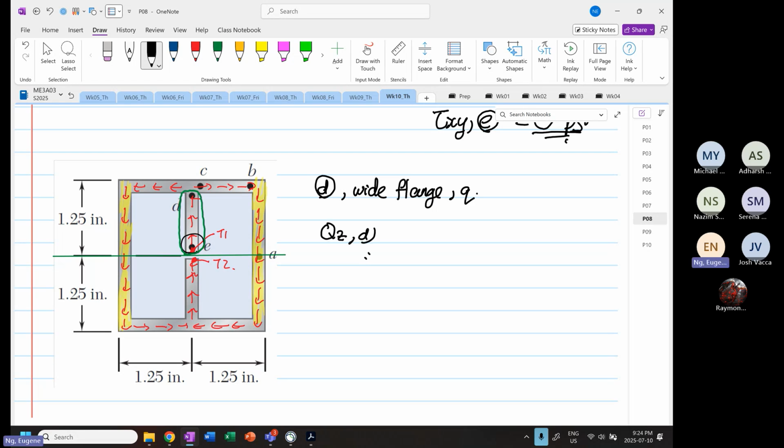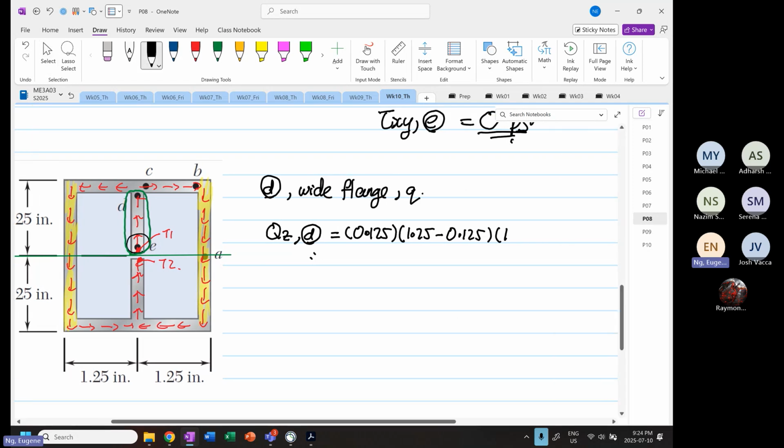Next we're going to find Qz at point D. The width is 0.125. The depth is 1.25 minus 0.125. The Y bar is 1.25 minus 0.125 multiplied by half. So this will be equal to 1.25 minus 0.125 squared times 0.5 times 0.125.